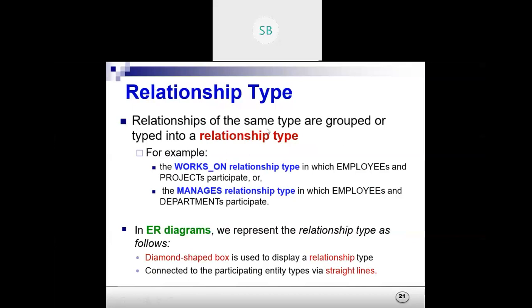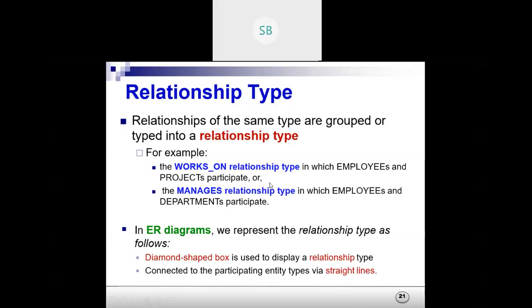Now, what is the relationship type? Relationships of the same type are grouped into a relationship type. For example, we have just seen the works on relationship type in which employee and project participate.